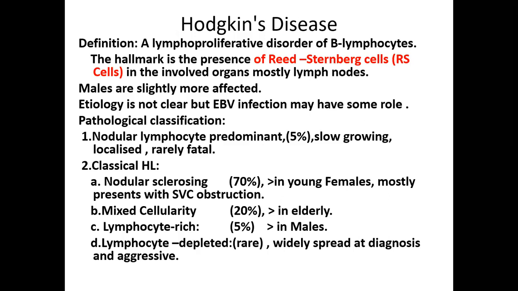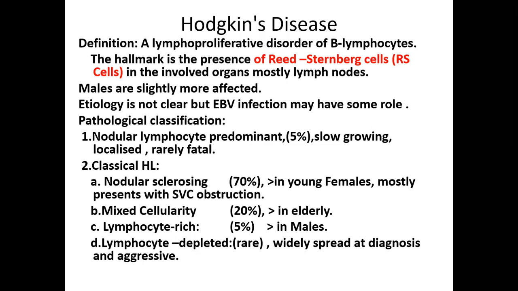Hodgkin disease is defined as a lymphoproliferative disorder of B lymphocytes. The hallmark is the presence of what is called Reed-Sternberg cells in the involved organs, mostly lymph nodes. And I suppose that you have an idea about the Reed-Sternberg cells. These cells originate from B lymphocytes. They are large in size.